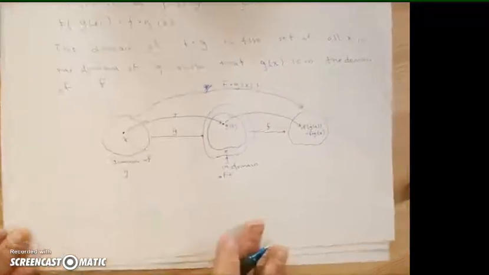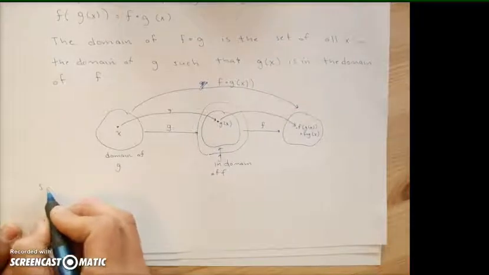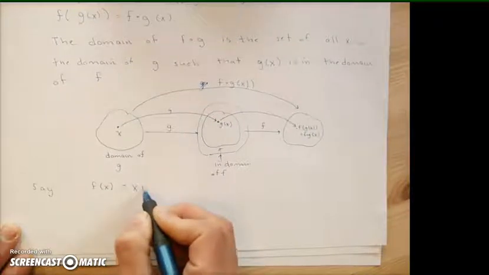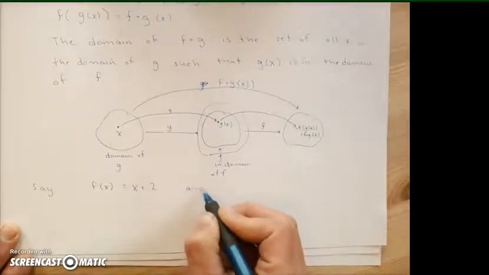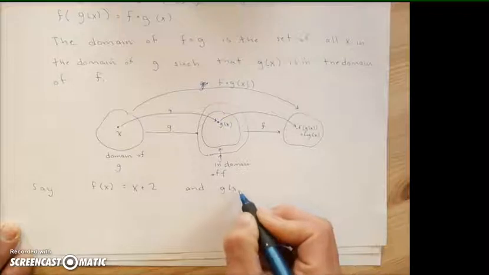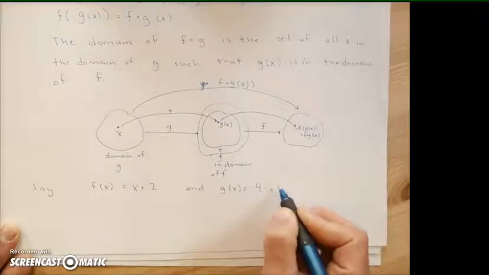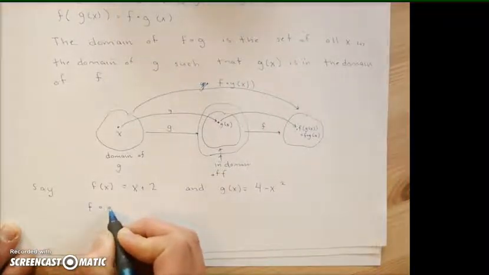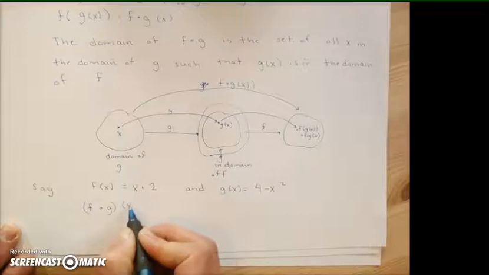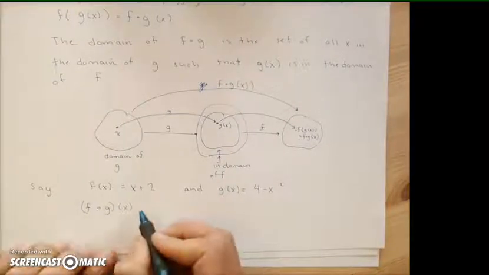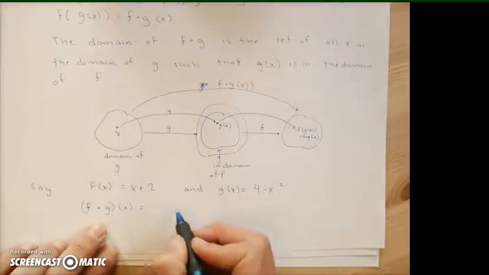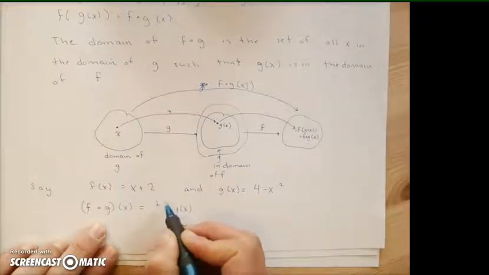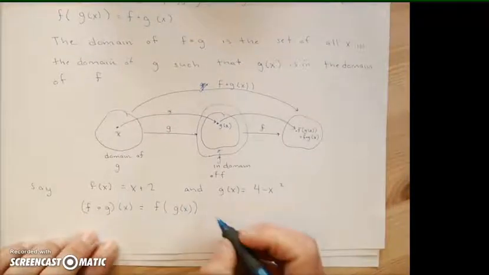So let's say that f of x equals x plus 2 and g of x equals 4 minus x squared. Then first let's do f of g of x. So I want to compose these two functions, which means I first plug into g, and then I'm going to plug that whole thing in for x in the f of x function.